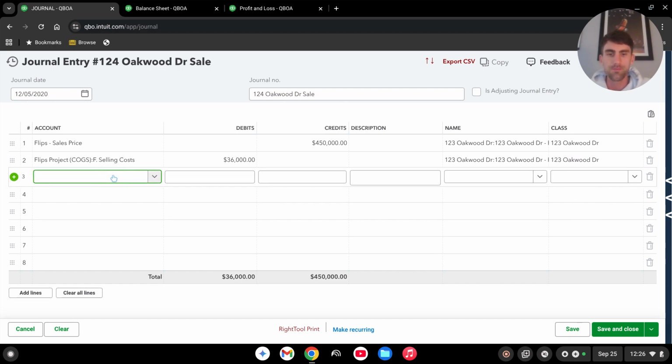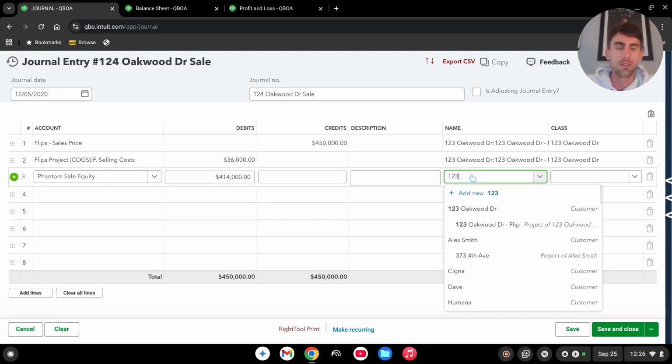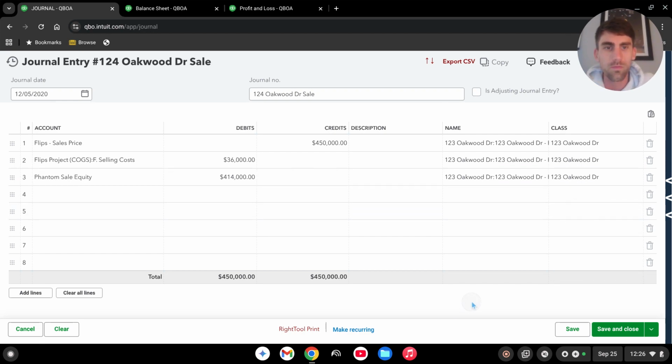And normally this would be like your bank account, but for this demonstration I'm just going to use this phantom account just to show what this looks like. Maybe you're close to the end of the project and you just want to see what your total income would be if you were just trying to estimate.